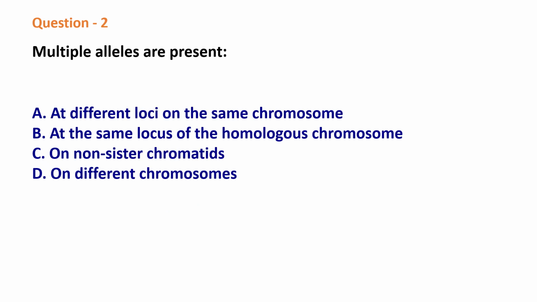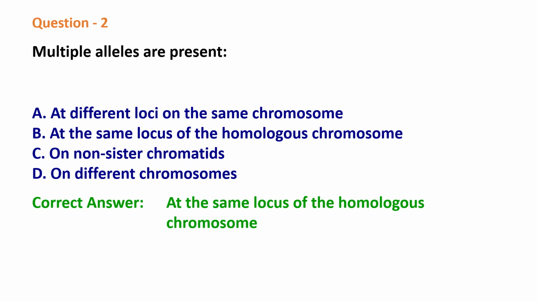Question 2. Multiple alleles are present at: different loci on the same chromosome, the same locus of homologous chromosomes, non-sister chromatids, or different chromosomes. The correct answer is on the same locus of homologous chromosomes.